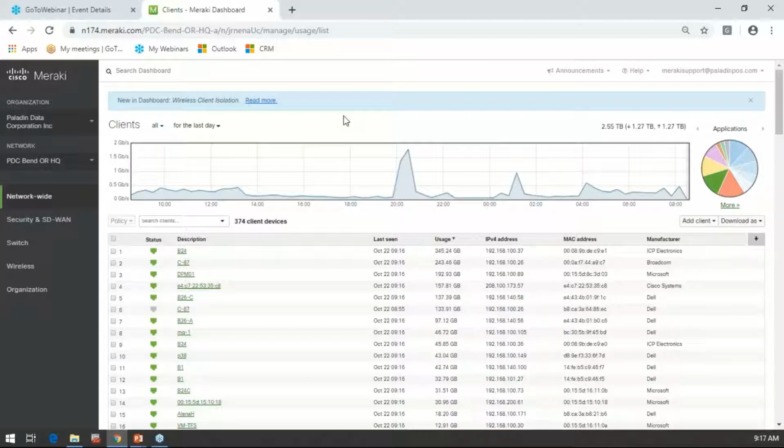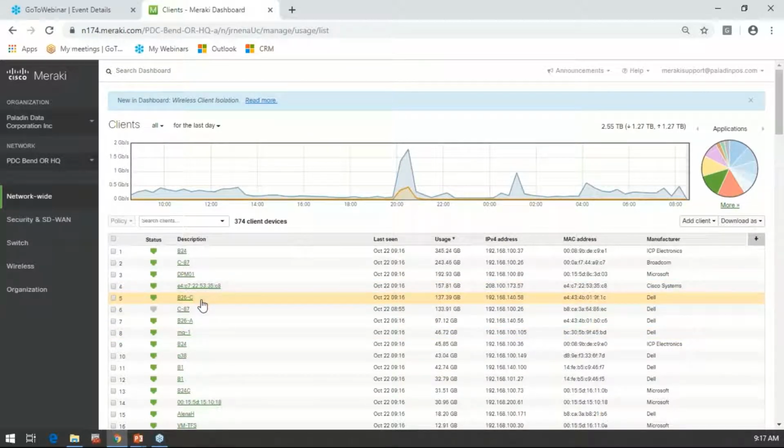On this screen, down at the bottom, you can see in the last day all of the different devices on our network, a description of them, and how they're connected. You can see what the utilization is per device, their IP address, MAC address, the manufacturer, and a wide variety of additional information.